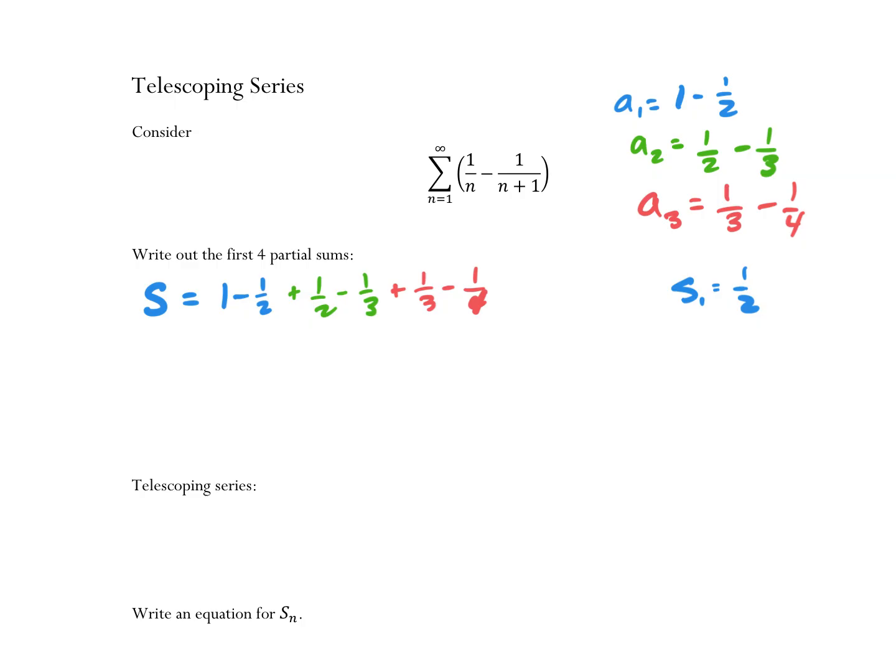And what are we noticing? Things cancel out. For a telescoping series, as I add in my new terms, I'm always canceling. When you have a positive and a negative, that negative becomes the next term. Does that make sense? Whether it's n plus 1 or n plus 2, it's going to work out that way.